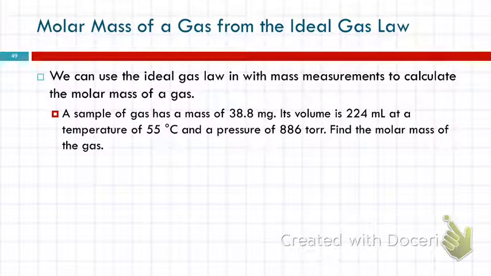We can use the ideal gas law to experimentally determine the molar mass of a gas. This is something that's a little challenging to do with liquids and solids. So what we can do is we can measure the mass of a gas and its volume at a given temperature and pressure. And using the ideal gas law, we can find out how many moles of gas is in that mass.